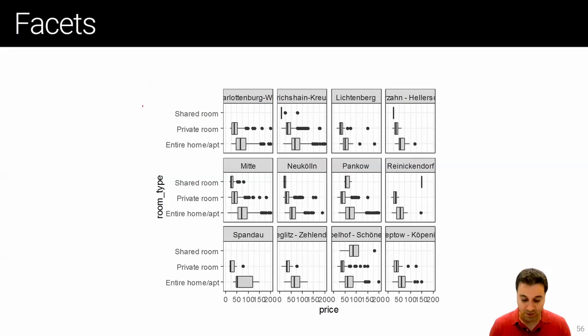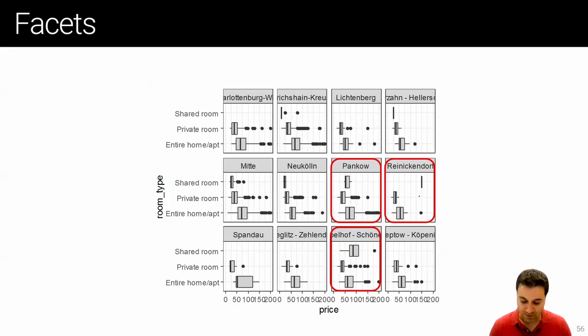So here we are faceting, and essentially we have one panel per neighborhood. Again, in the x-axis we have the price, in the y-axis we have the room type. We're again looking at box plots, but only the data corresponding to each of the neighborhoods. And sure enough, we have three neighborhoods that don't behave like the others.